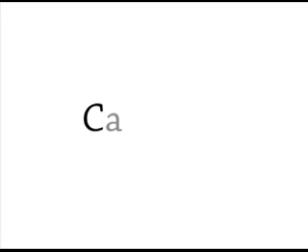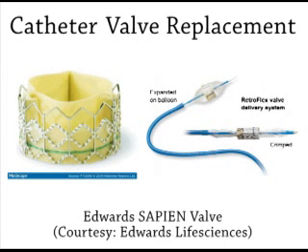The final category of aortic valve replacement that we'll talk about today is known as the catheter or transcatheter valve replacement. Here you can see two pictures of the Edwards Sapien valve. What's very interesting about this approach is that there's no trauma or incision to the patient's breastbone, that being the sternum, or the ribs.